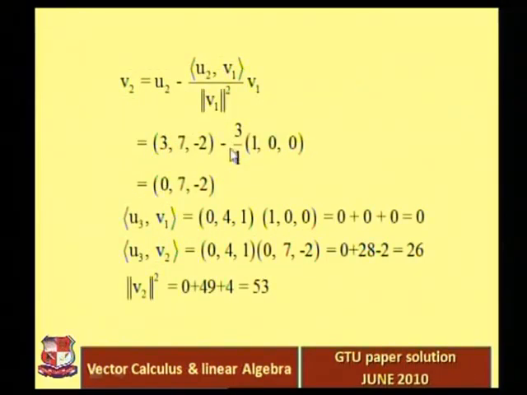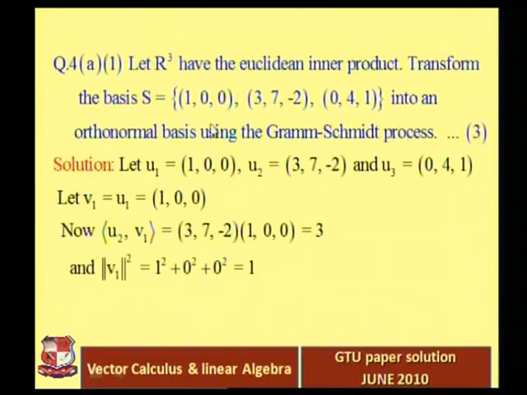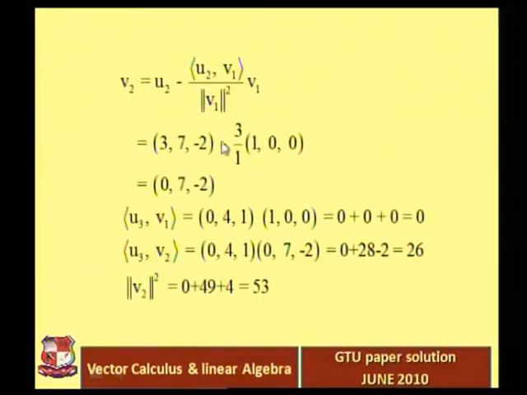Inner product u2 v1 is 3 and norm v1 square is 1, into v1, and v1 is 1 0 0. Clear? So 3 7 minus 2 minus 3 into 1 0 0.